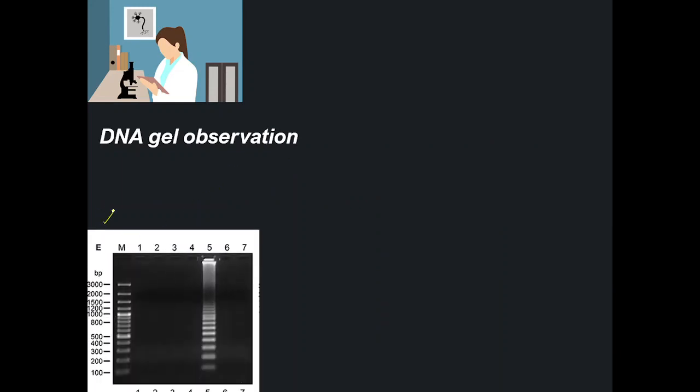She could see the markers, which indicates that her gel and the ethidium bromide used for her gel, the gel casting and everything seems fine. But the lanes which she used for adding her PCR samples are blank. There is no amplified product.